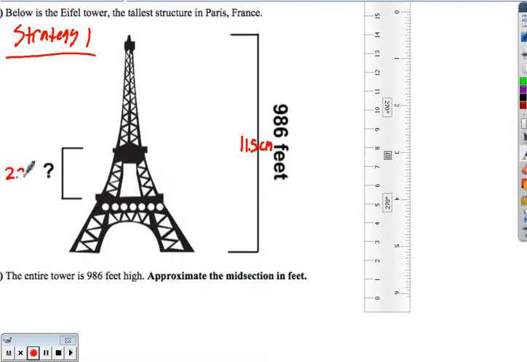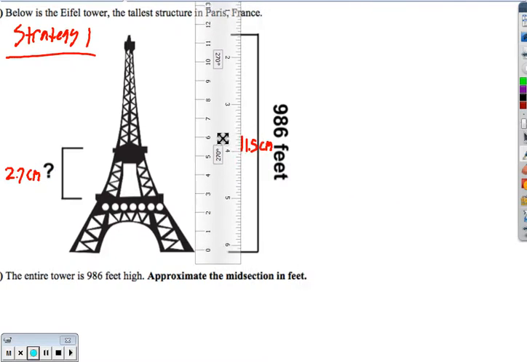Now some students realized that this midsection is 2.7 centimeters, so they started measuring going up: how many 2.7 centimeters could I use to get to the top of the Eiffel Tower?